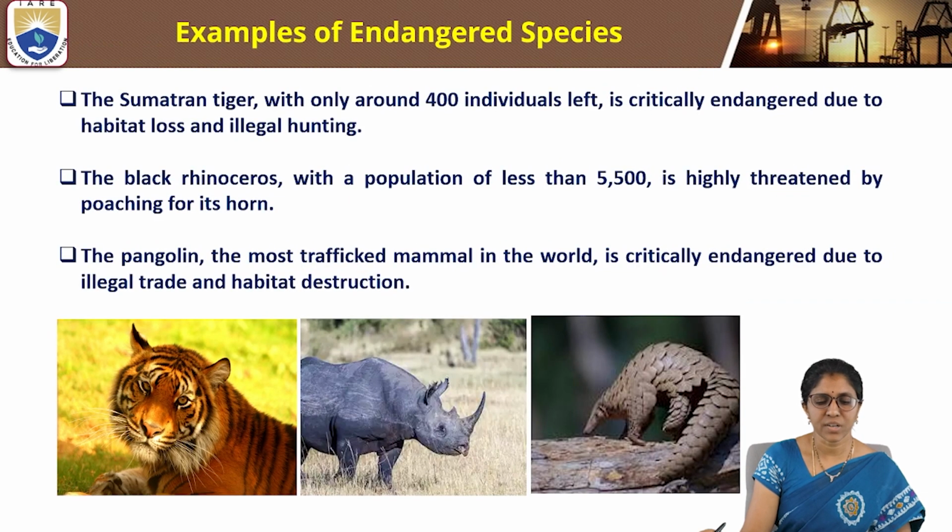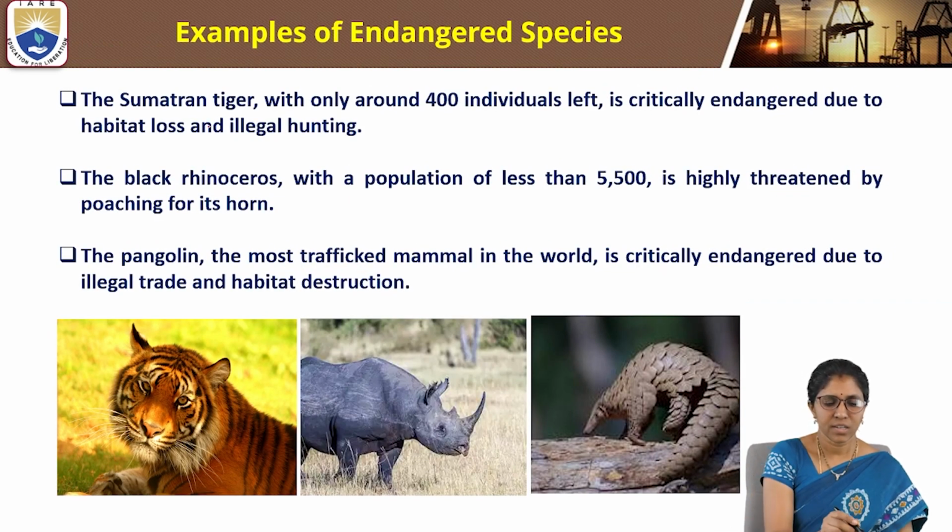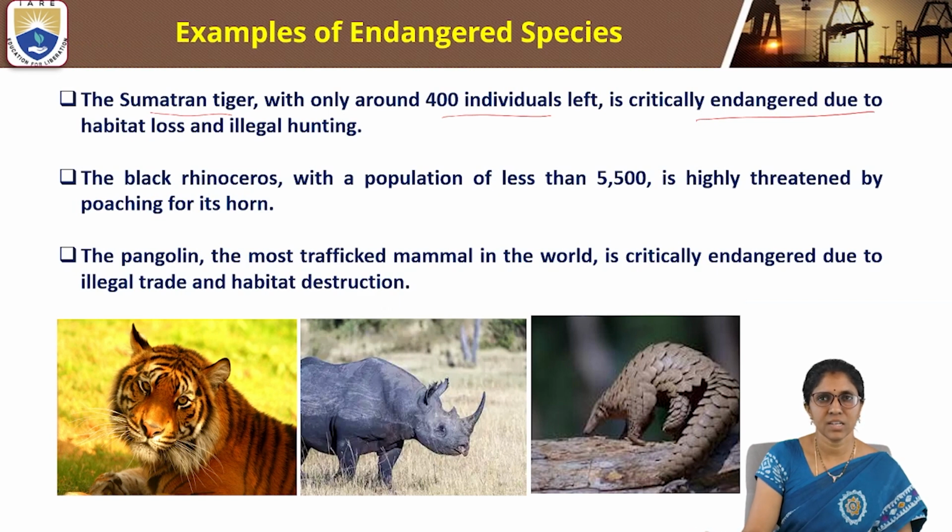Examples of endangered species are the Sumatran tiger, with only around 400 individuals left.